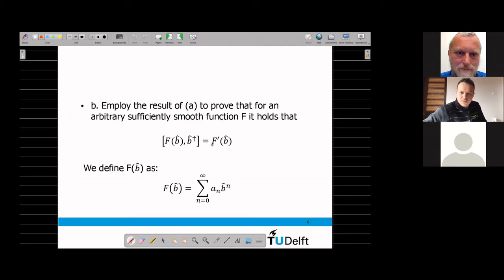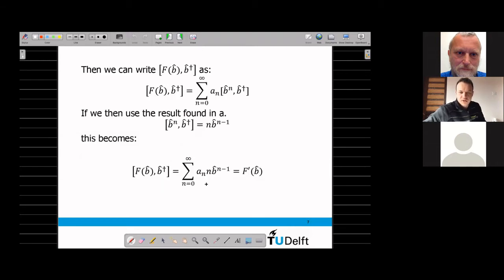So again, because f is sufficiently smooth, we can expand it or write it as a series. Here we have coefficients a_n and B to the power n, just a Taylor or Maclaurin series. Then we plug in this formula for f in the commutator.